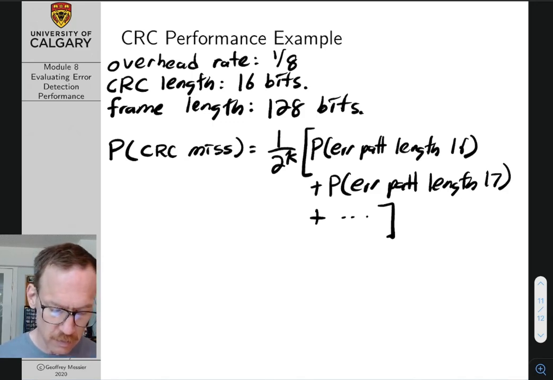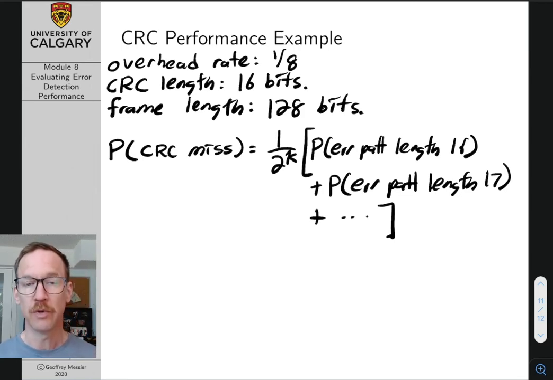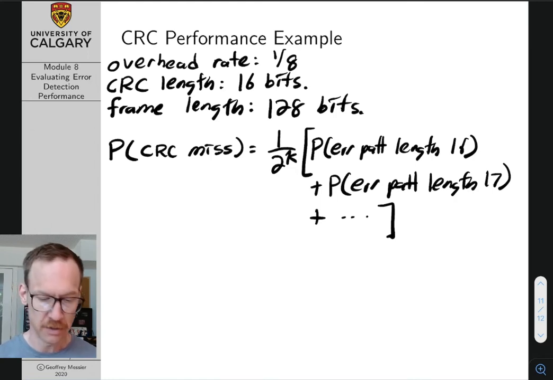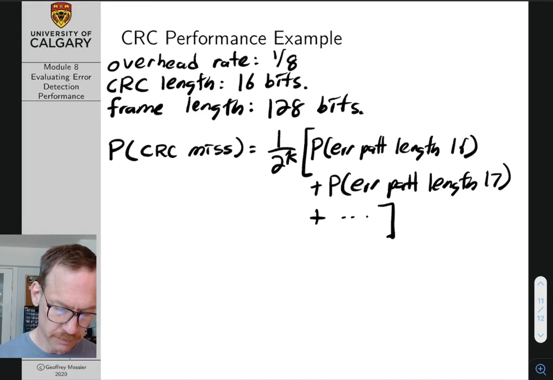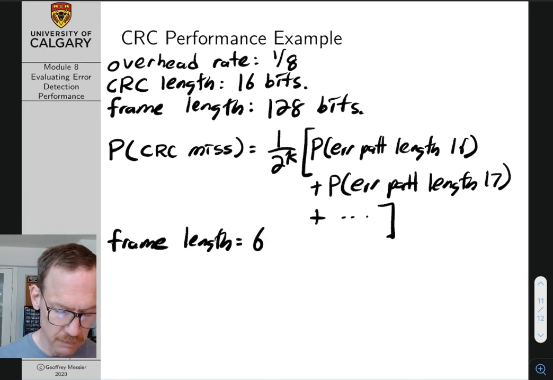So just to clarify that, and rather than using 16 and 128, which gets a little hard to draw, let's consider an example where we have a frame length of, let's say, 6 bits.